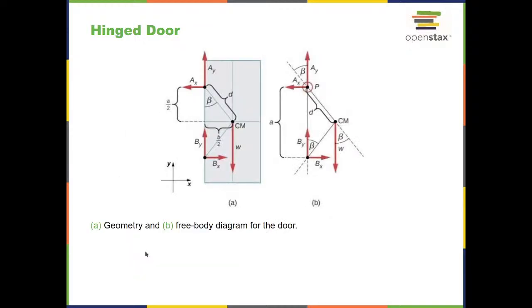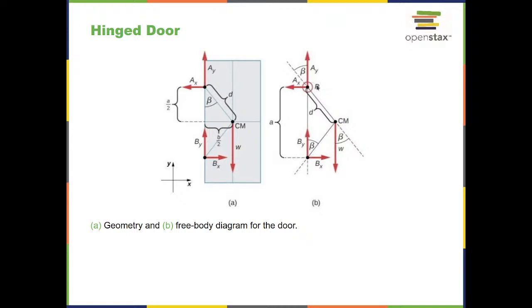So if we look at that, we've got the forces in hinge A and the forces in hinge B. We have the center of mass here, which is where the force, the weight applies. Again, we can calculate the balance of the forces. So since the only horizontal forces are AX and BX, those are going to be equal to each other. AY and BY will add up to be equal to W, and the only other thing we have to solve from is now the torques.